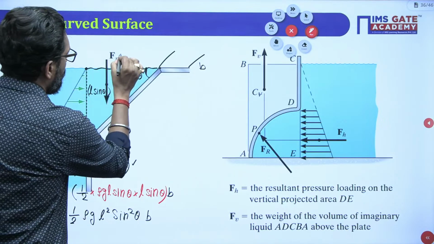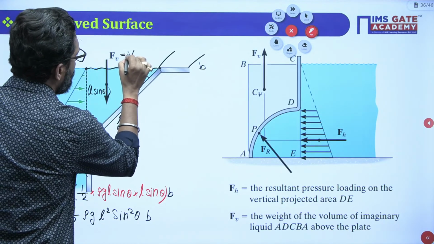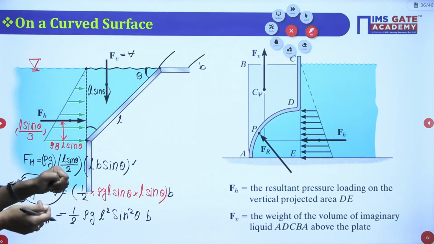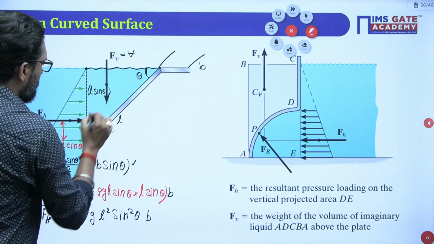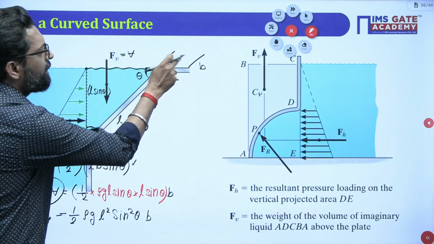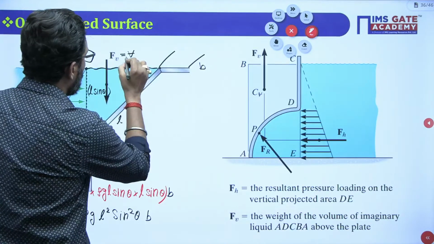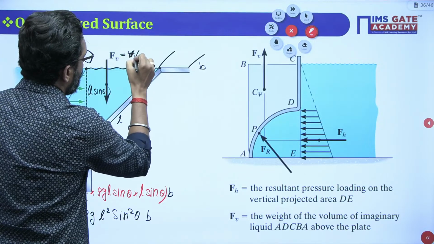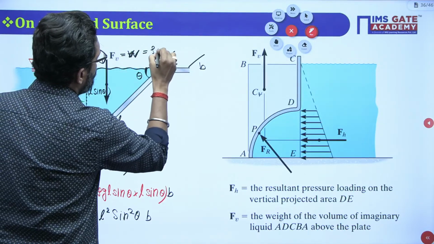That means the vertical force is equal to the weight of the volume contained within this region. What is the volume of this one? First calculate the area, multiply with the width B. It is a weight, and weight is equal to rho g into volume.